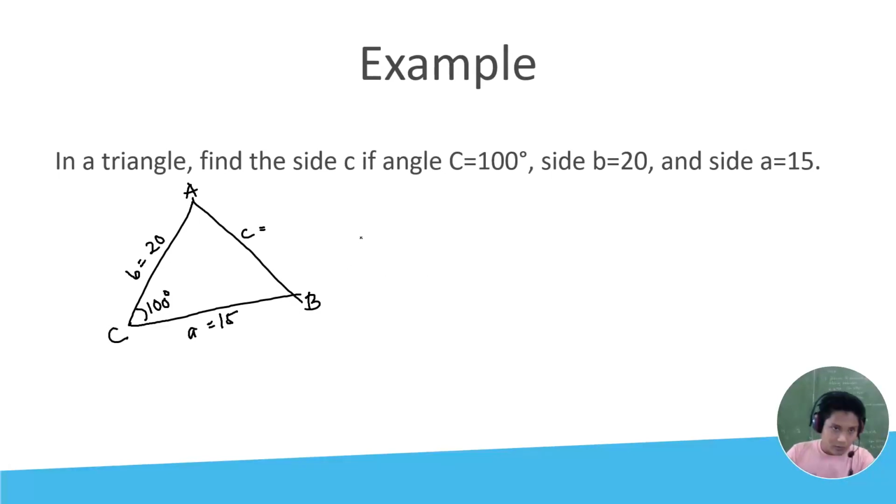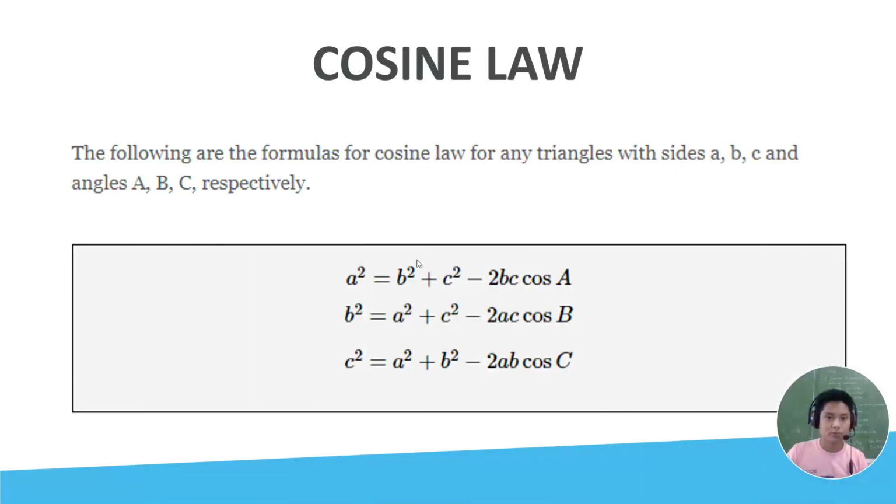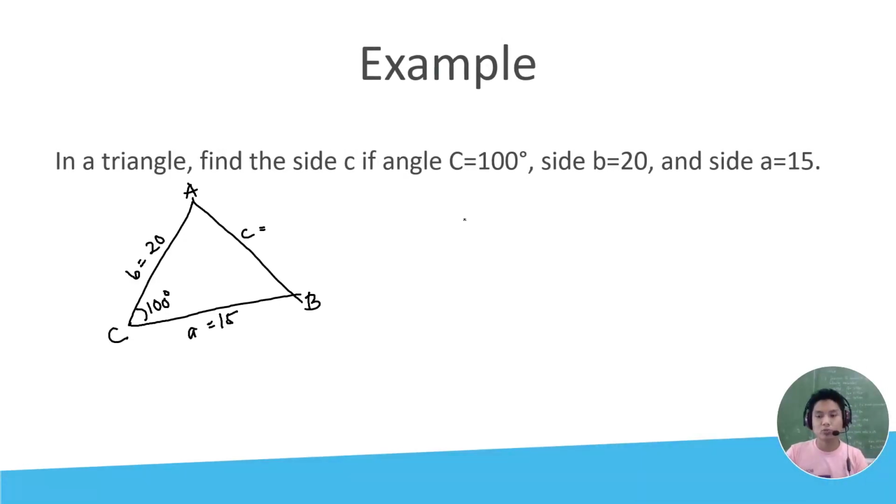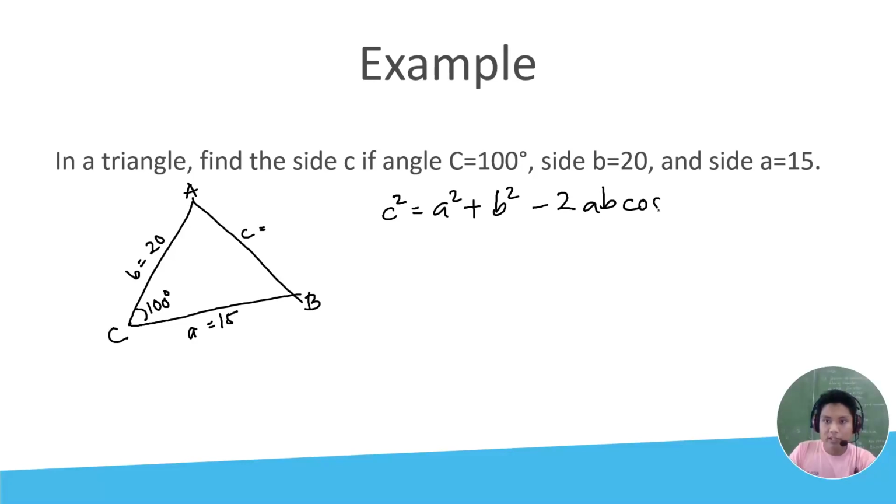So based on the given, we can use the third solution, which is c squared equals a squared plus b squared minus 2ab cosine angle c. Rewrite the solution here: c squared equals a squared plus b squared minus 2ab cosine angle c. So that's it.